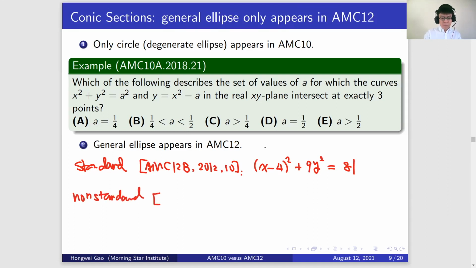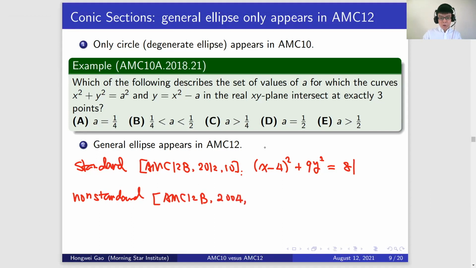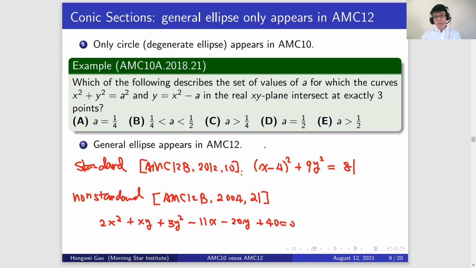Like this question, AMC 12B 2004, question 21. There, the formula is quite complicated: 2x squared plus xy plus 3y squared minus 11x minus 20y plus 40 equals 0.